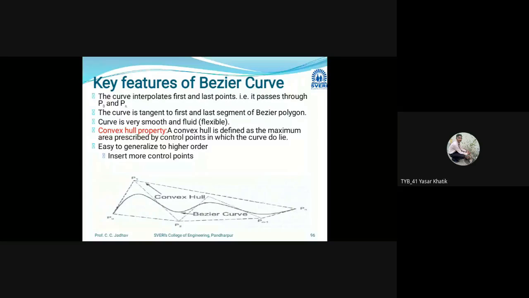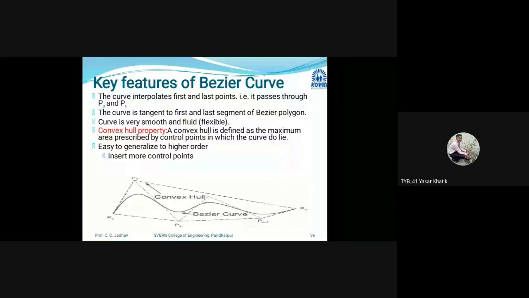We are considering this nomenclature. Second, the curve is tangent to the first and last segments of the polygon. This is the main condition of the synthetic curve. In the Hermite curve also, the curve is tangent to the first and last segments. Then the curve shape can be modified by changing the vertices.